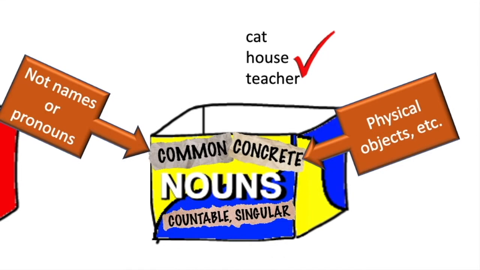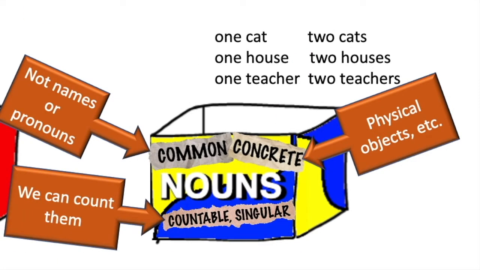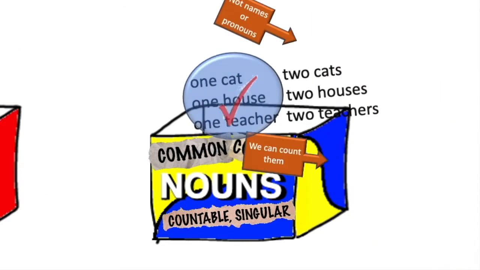I'll choose things we can count, like we can have 2 cats or 2 houses or 2 teachers. But to start with, I'll use them in the singular form. We can count them, but in each case, there's just one of them. Okay, so let's put the nouns in.